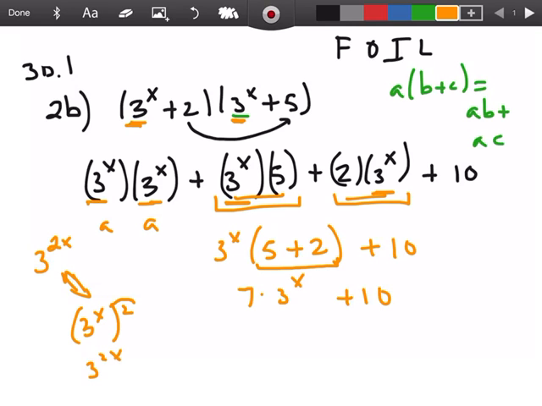And on one hand, you could say, well, I'm done, right? There's my answer. But if you look in the back, they don't leave it as 3 to the 2x. They bring it to 9 to the x, which is equivalent. I don't want to split hairs too much.